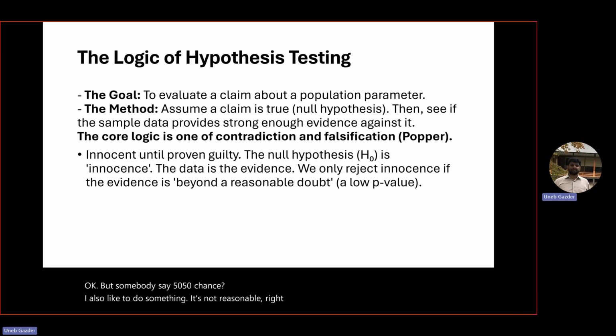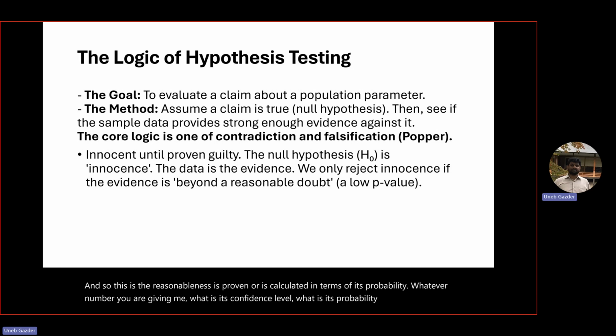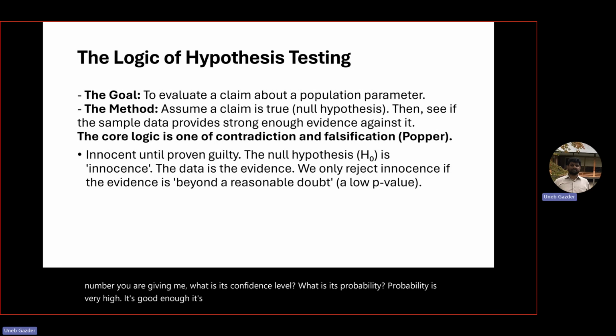So the reasonableness is calculated in terms of its probability. Whatever number you are giving me, what is its confidence level? What is its probability? If the probability is very high, it's good enough. If it's very low, not good enough.